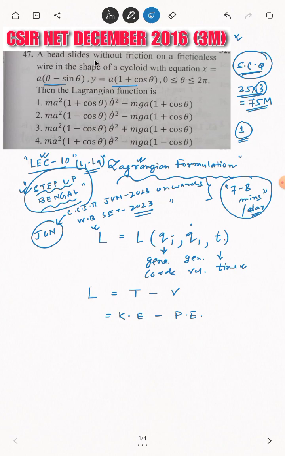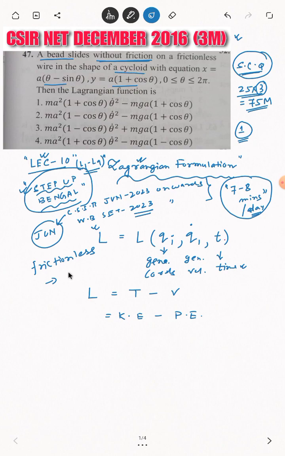So what is the problem? A bead slides without friction. This term is important, but here it will not play much of a role. Under gravity it is sliding on a frictionless cycloid-shaped path.